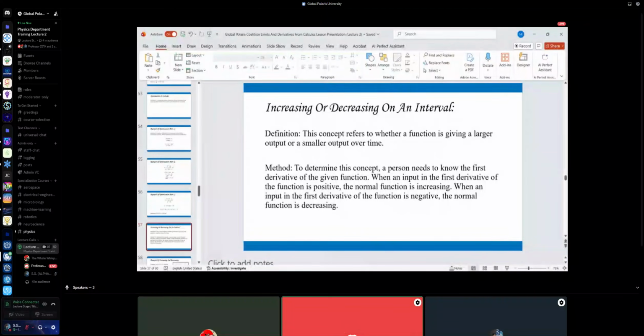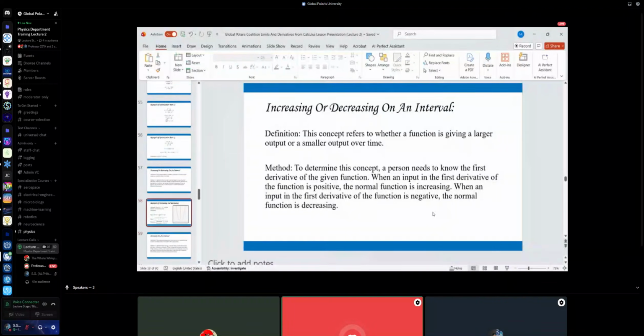If the first derivative of the normal function gives a positive value at a given rate of change, that means the normal function is increasing. If it's a negative value in the first derivative, we have a negative slope, or the normal function is decreasing.